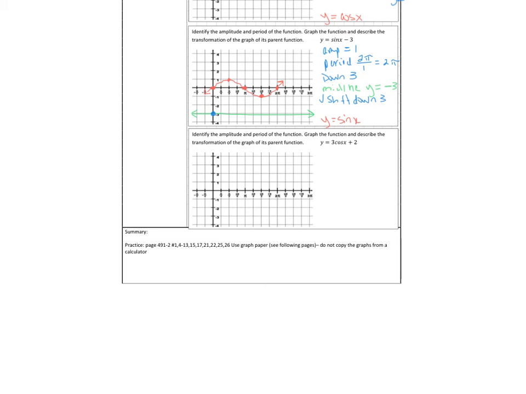At pi over 2, 1, I'm going to shift that down 3 to pi over 2, -2. And then pi, -3. 3 pi over 2 is at -4. And 2 pi is going to be back at -3. So you take each one of your points and shift them down 3. And then try to draw a curved, smooth line. And that's our y equals sine of x minus 3.